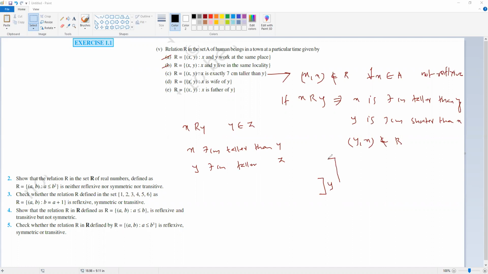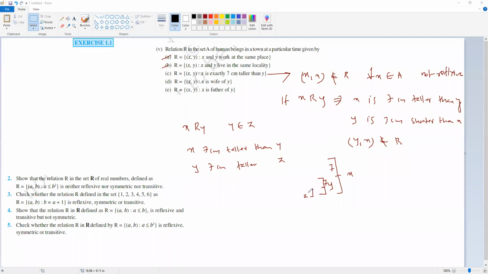So y से 7 centimeter taller है x, and y is 7 centimeter taller than z. तो z y का इतना ही आएगा ना, isn't it? So उसका मतलब x कितना बड़ा होगा z से? 14 सेंटीमीटर बड़ा होगा ना, करेक्ट? क्योंकि y z से 7 सेंटीमीटर बड़ा है, तो उससे और 7 सेंटीमीटर बड़ा है x.